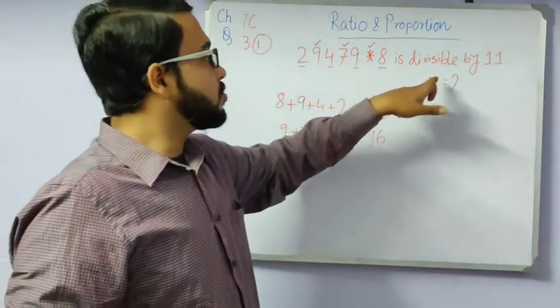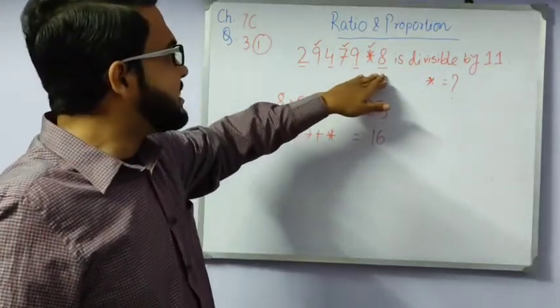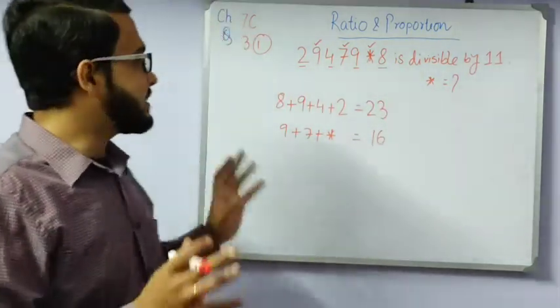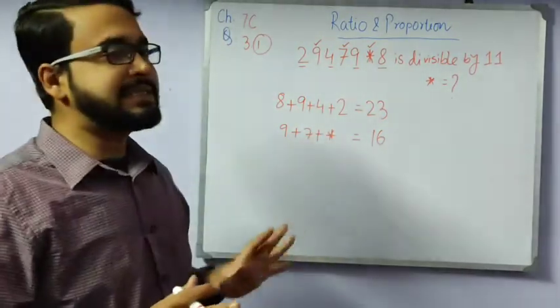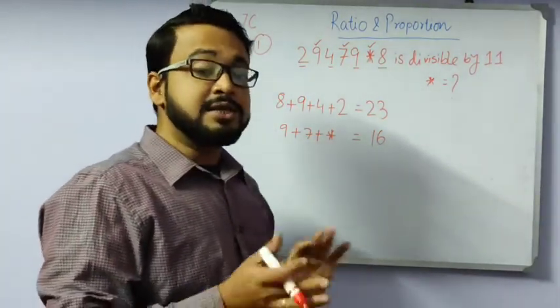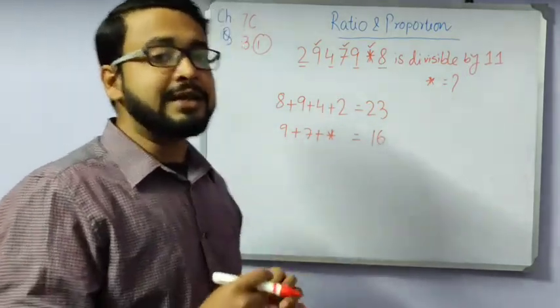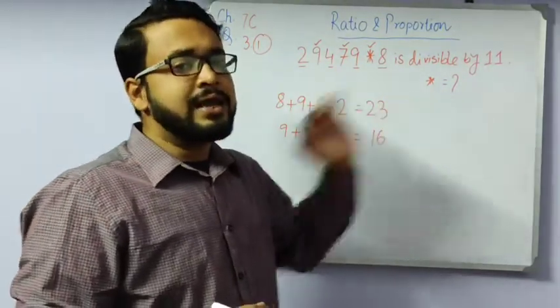But you know the rule first: the rule says the sum of the digits in even places and the sum of the digits in odd places. After finding these sums, if the difference is 0 or divisible by 11, means a multiple of 11, then we can say the given number is divisible by 11.